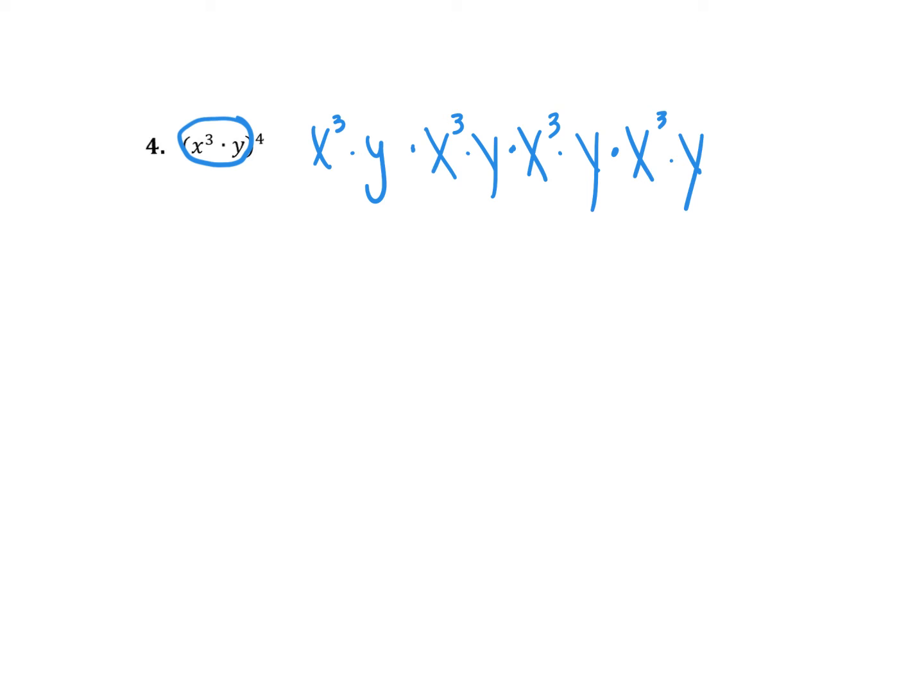So notice I did that 4 times. All right, so now let's go ahead and combine our x's, and I'd have 3, 6, 9, 12. All right, so I'd have x to the 12th, and then remember, these are all ones, and I've got 4 of them, so it's going to be y to the 4th.